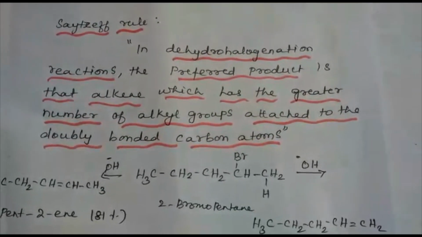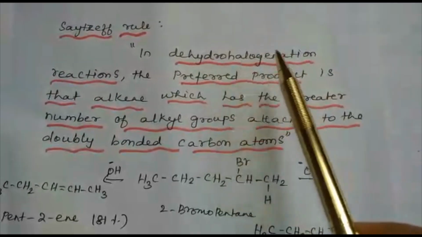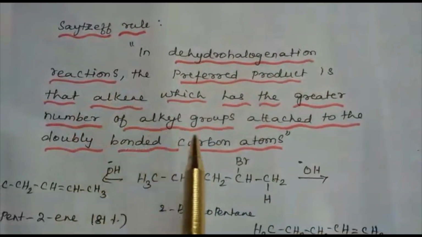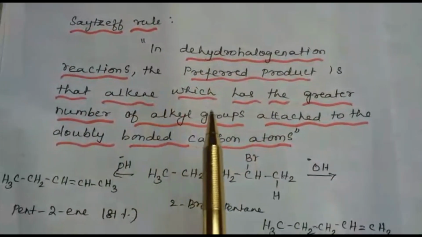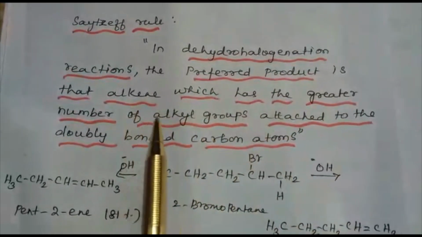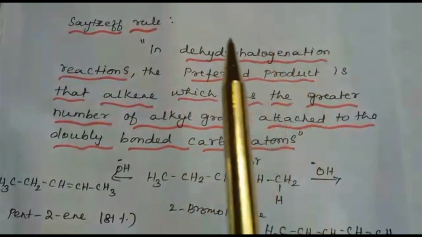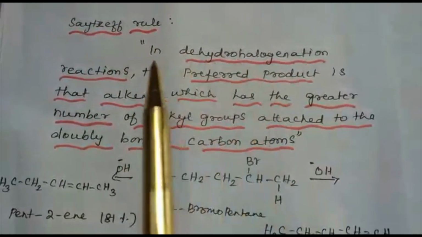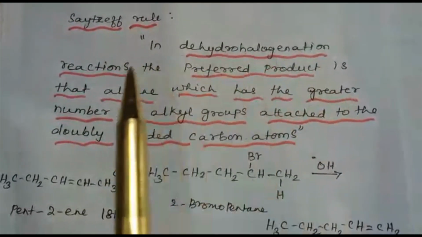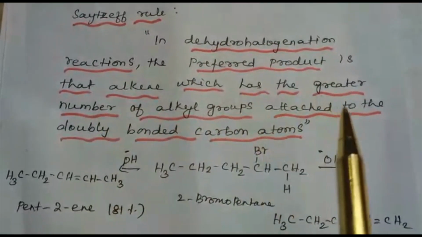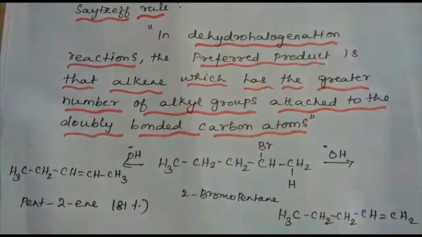In a dehydrohalogenation reaction, the preferred product is that alkene which has the greater number of alkyl groups attached to the doubly bonded carbon atoms.